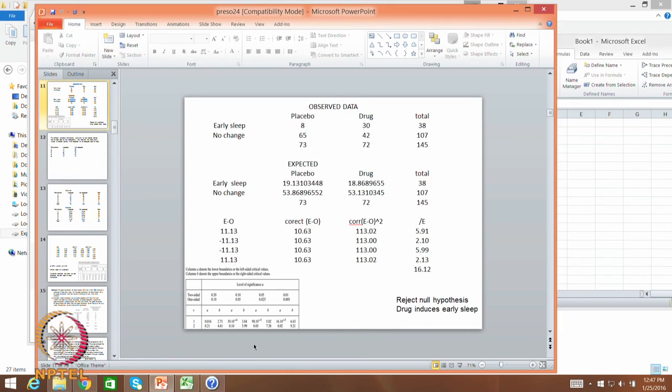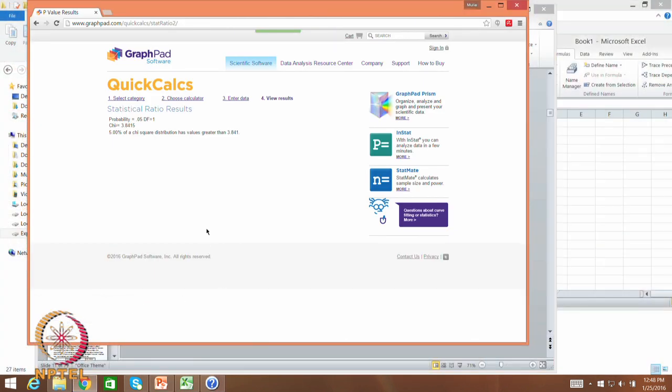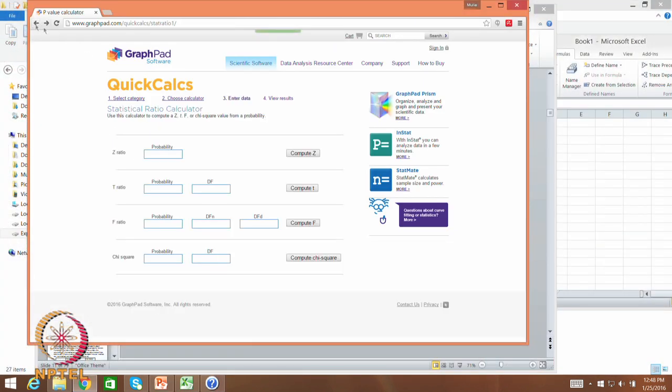16.12 is what you have calculated as the test statistic. So, we can reject the null hypothesis in this particular problem.